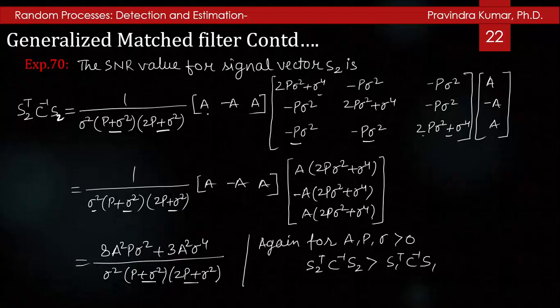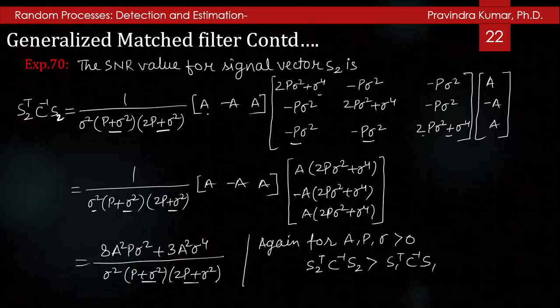Means the signal S2 gives better detection performance than the signal S1 in a given colored wide sense stationary Gaussian noise, whereas in the white Gaussian noise case, in a previous lecture we have seen that either of the signals gives the same detection performance. But in this case the signal S2 has the higher SNR value, so the signal S2 will give the better performance.